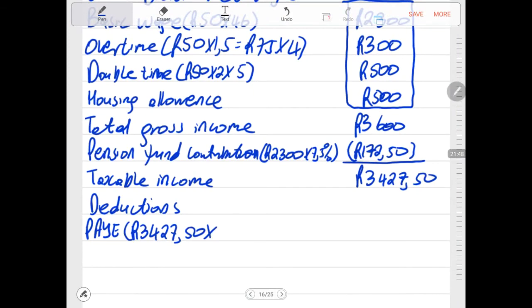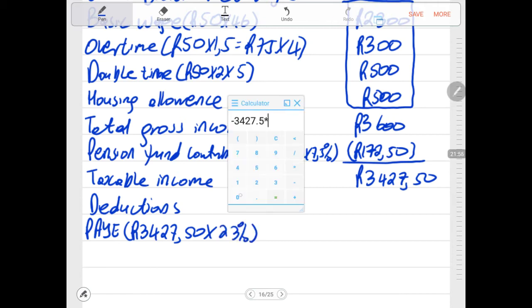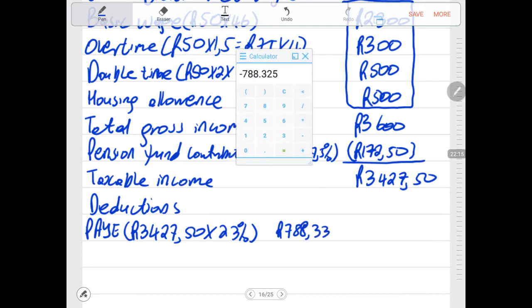So we multiply this by 23% so that you can see how much tax this employee is supposed to pay. Times 0.23, we get 788.33. This is the tax payable by this employee.